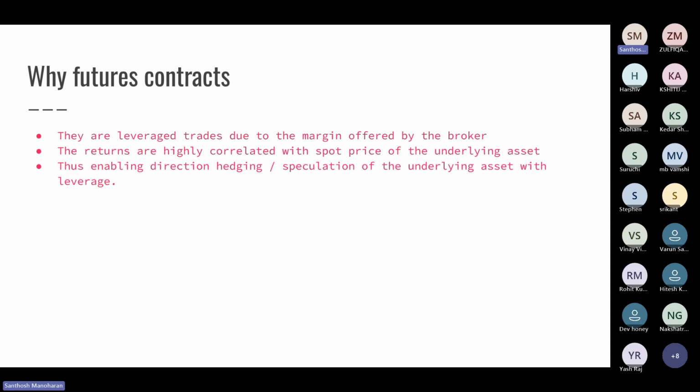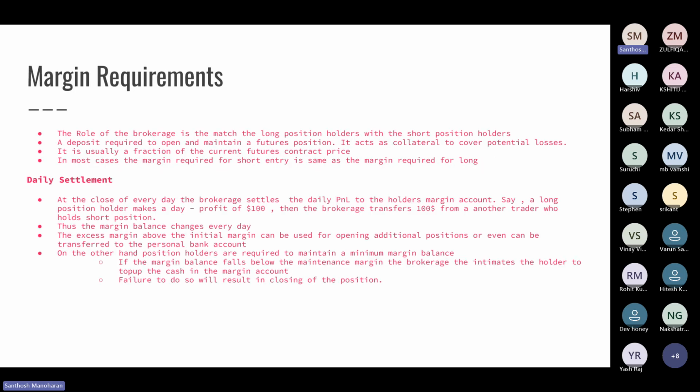You can't buy gallons of crude oil and hold it and sell it at a later price unless you have the capacity to do so. So now I will move on to margin requirements.